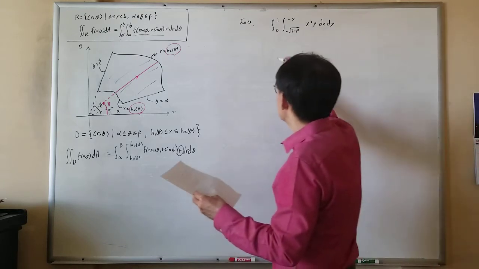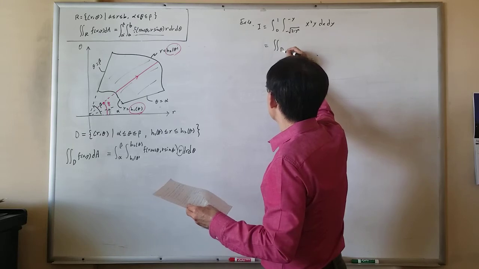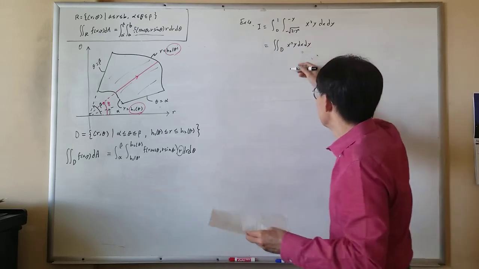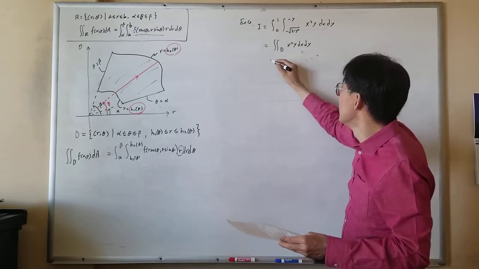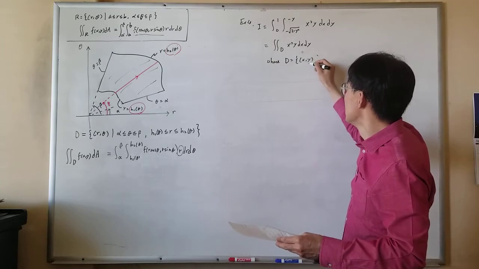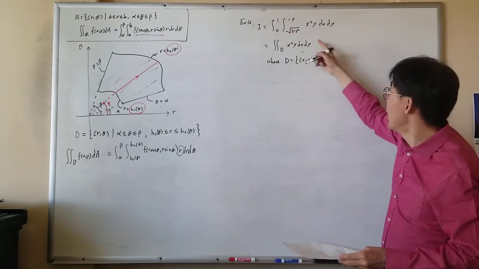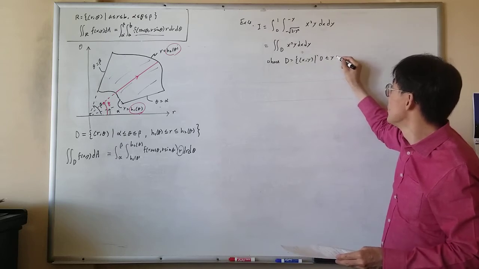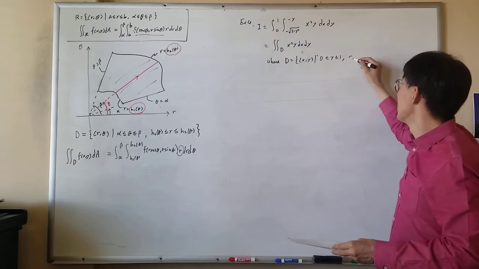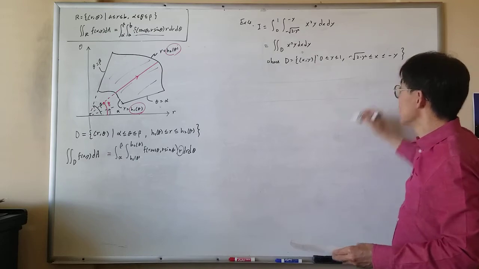Okay? Now, I want to write this one as a double integral and then describe D, where D equals. This iterated integral means that y runs from 0 to 1. For given y, x runs from this to this.